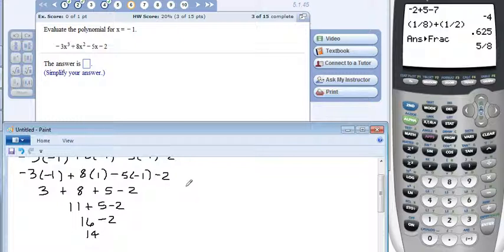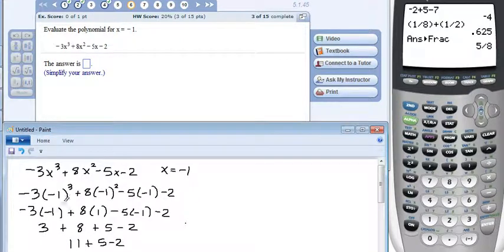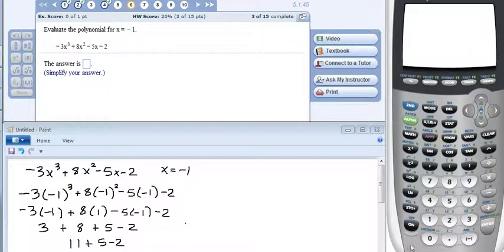Okay, now if you want to, you could put it in all right here. We should verify this. So we've got a -3 times a -1 raised to the 3rd power plus 8 times a -1.